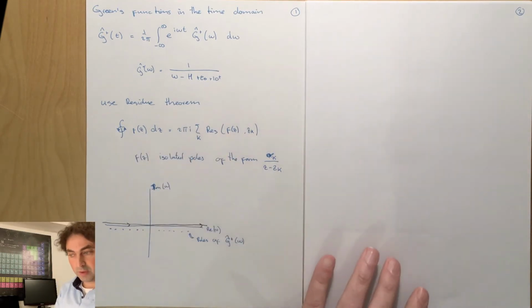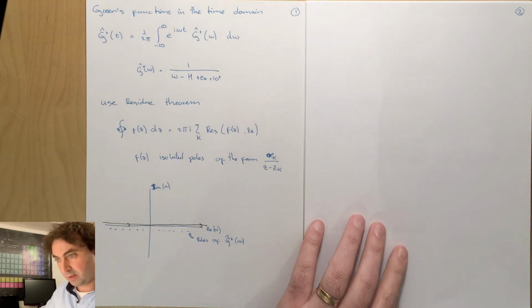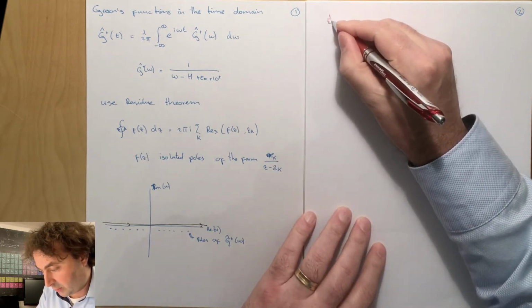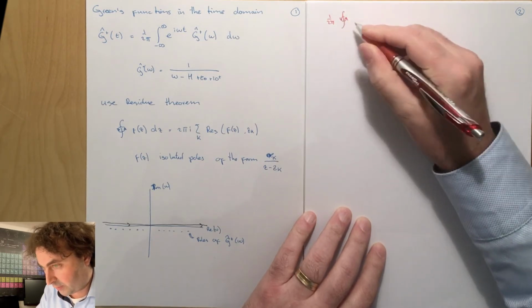Now, in order to use the residue theorem, we have to make a closed contour, and we can make two different closed contours. We can either look at 1 over 2 pi, where we integrate over the upper half.